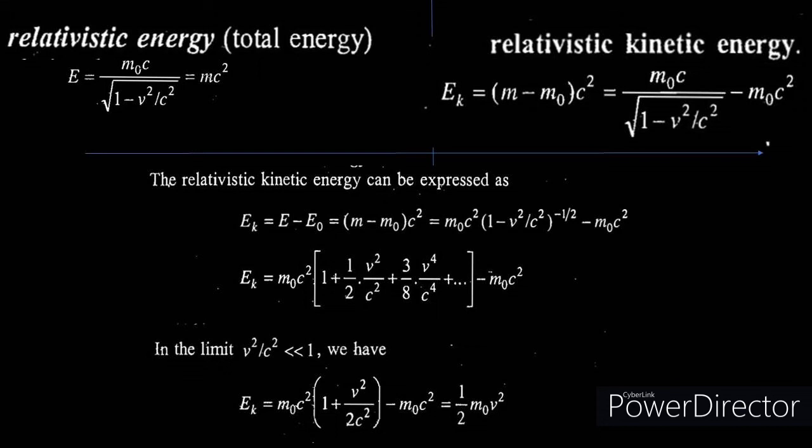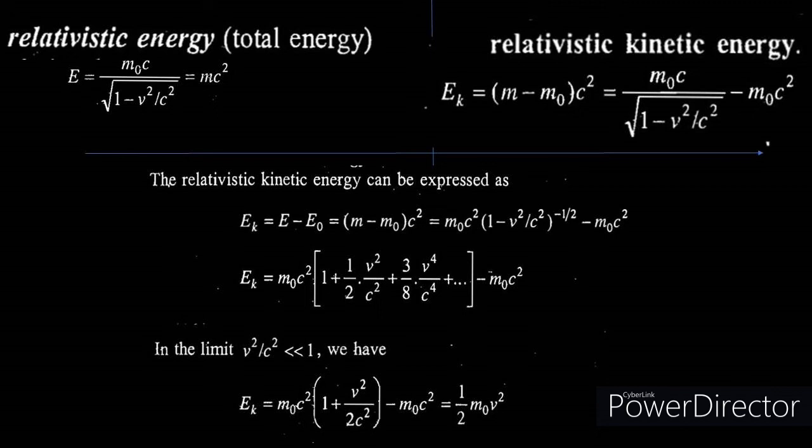We know the relativistic kinetic energy Ek is equal to m c square minus m0 c square. Now if you substitute for m as m0 divided by square root of 1 minus v square by c square, then you would get relativistic kinetic energy Ek is equal to m0 c square into 1 minus v square by c square whole raised to minus half, minus m0 c square.